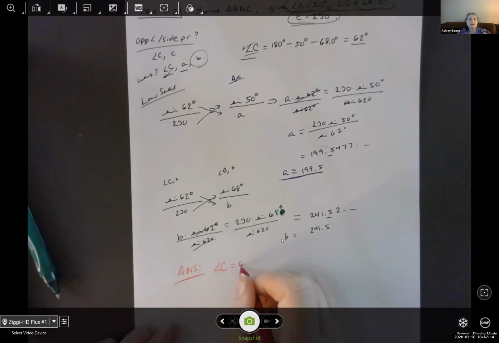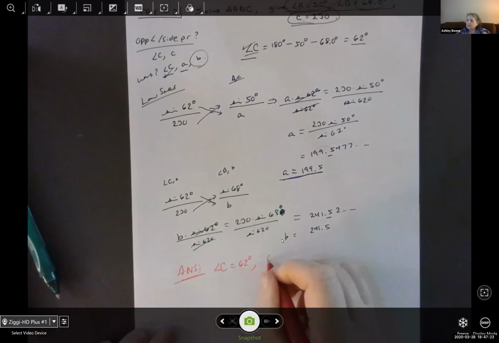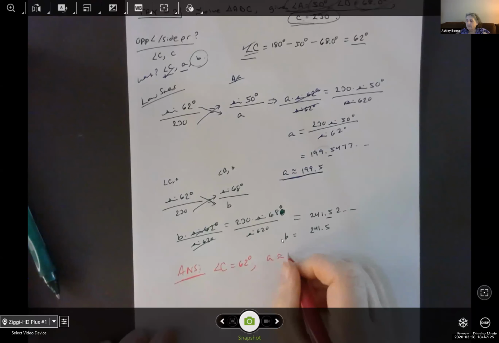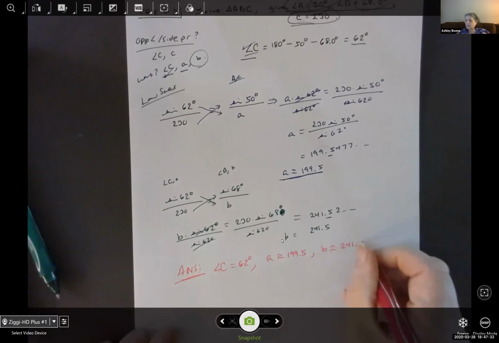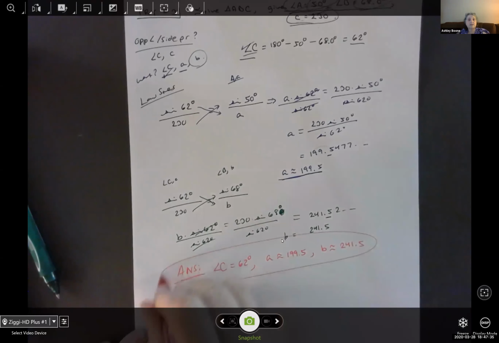We were able to get that directly just by subtracting angles, so we didn't estimate it. It was 62 degrees. Side A was approximately 199.5. I used approximate because I did round to the 10th. And side B is approximately 241.5. Again, I used the approximate because I rounded to the 10th.